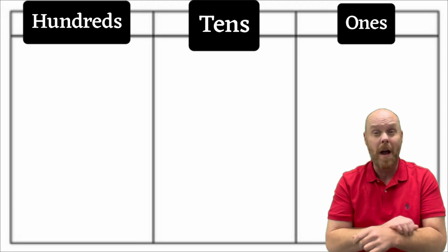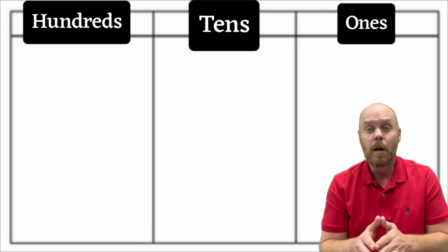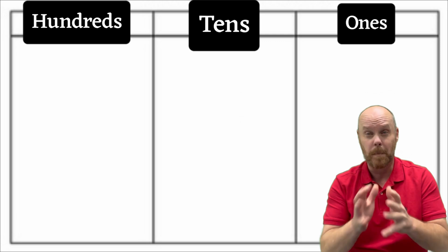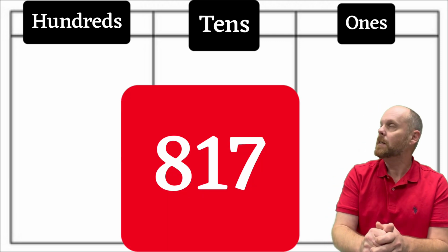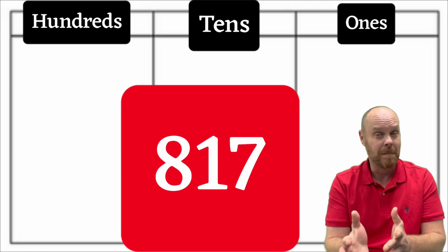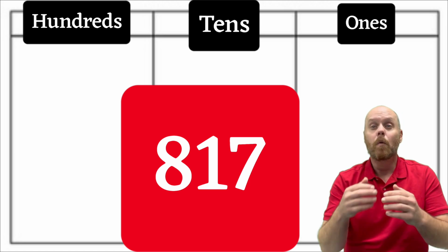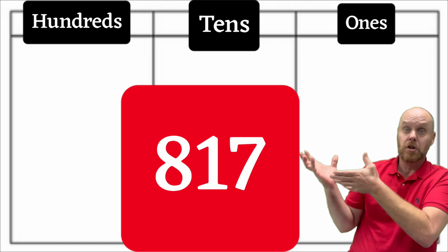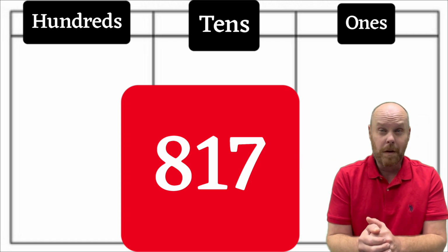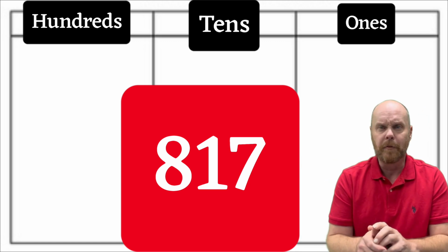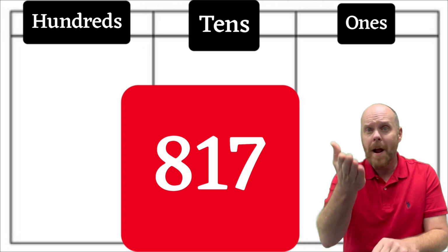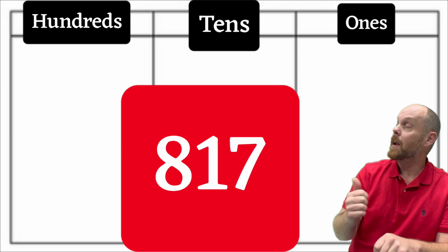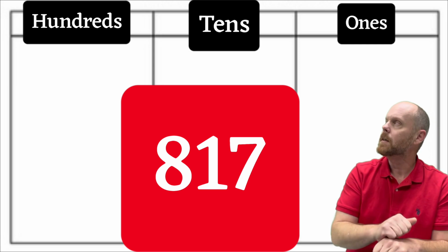All right, so you have your chart already made. We're gonna focus on one number today. We're gonna focus on the number 817, all right? It's a good number. Now, one thing that I just did and just showed you is the number form. So whenever you're being asked for number form, it looks like this. All right, now go ahead and read this number with me, 817.